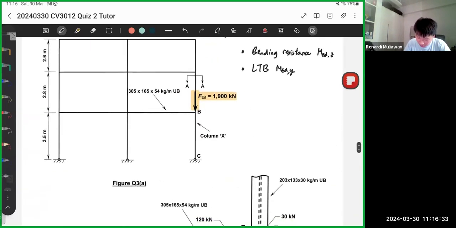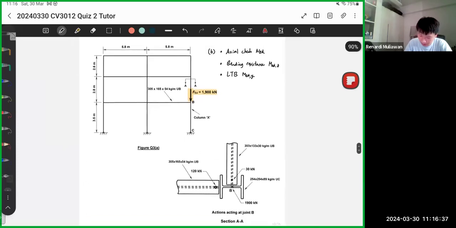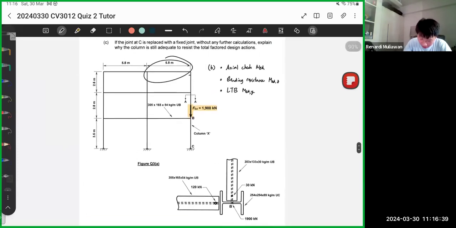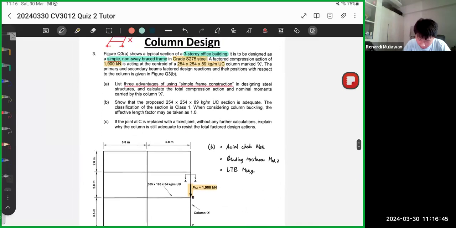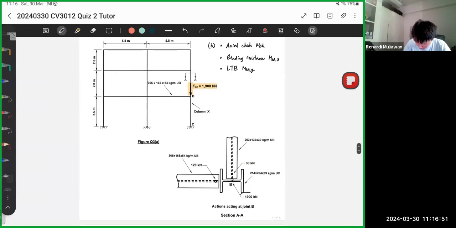Just to give you context first, let's imagine it in 3D as usual. The loading from the upper stories is 1,900, applied on the centroid.